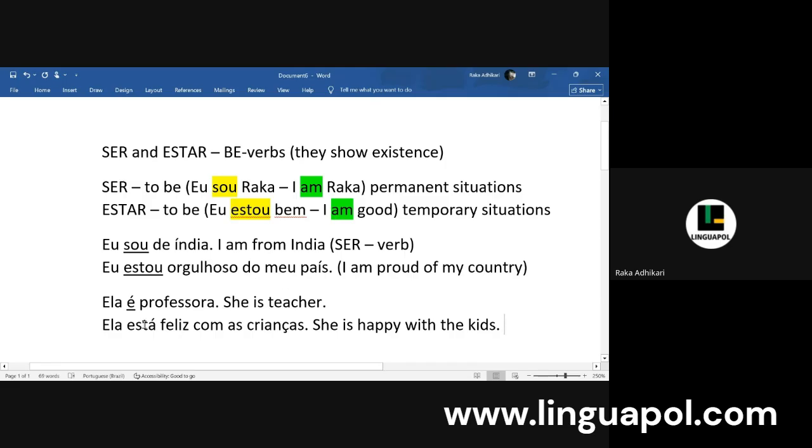So even though we can change professions, it cannot be something that we change overnight. So profession is always a long-term thing. That is why we are using the SER word. This is a conjugation or a form of the SER word. So here we are using SER to denote profession.